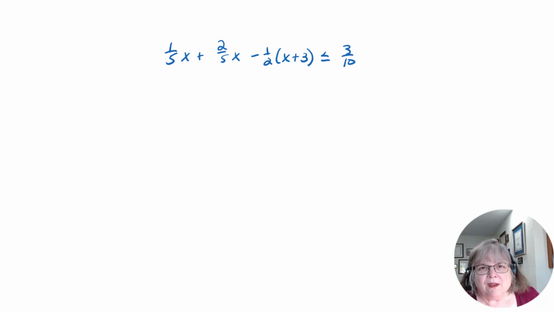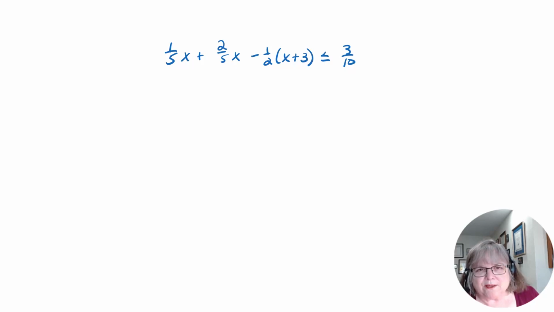All right, so let's try 1/5 x plus 2/5 x minus 1/2 times x plus 3 is less than or equal to 3/10. Now, while it's true that 1/5 x and 2/5 x are like terms, not only are they both counting x's, but they even have a common denominator, and we could go ahead and add those together and say that's 3/5 of an x.